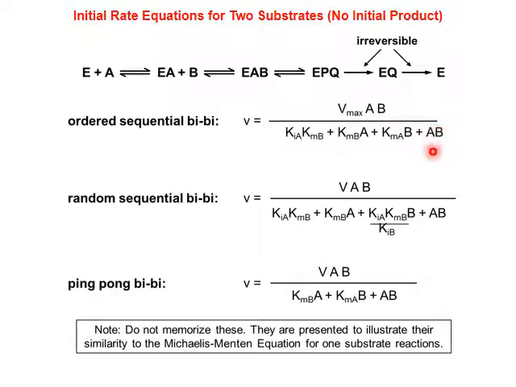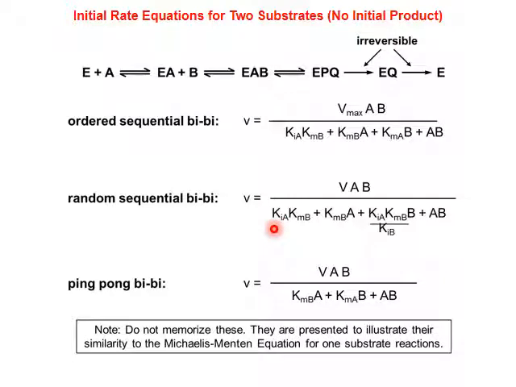Instead of just S in the denominator Km, we have the product of A times B, and then B times the Km of A, then A times the Km of B, and then this constant here, of two different types of Michaelis constants, an inhibitory constant for A and a Km of B. And if we have random, you can see it gets a little more complicated in this constant based on the model.